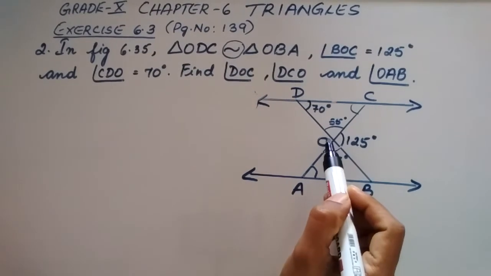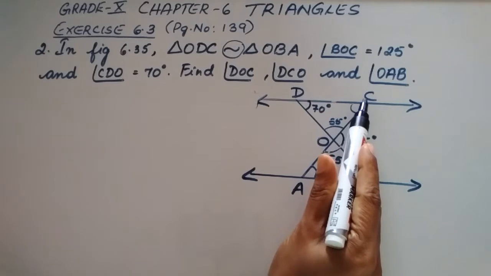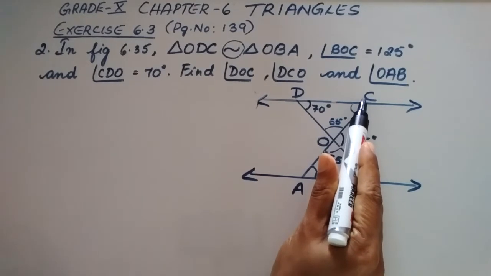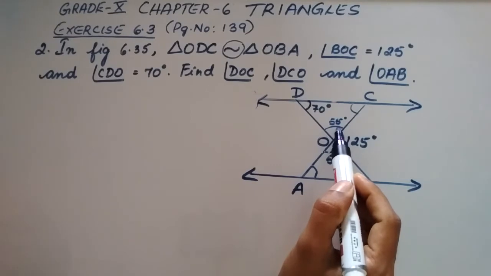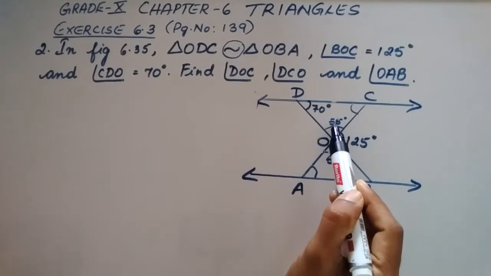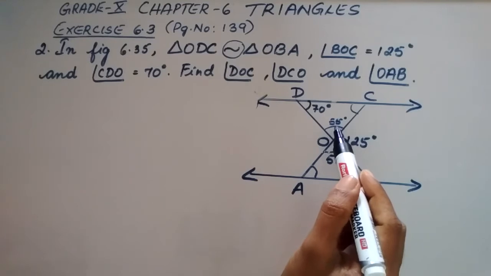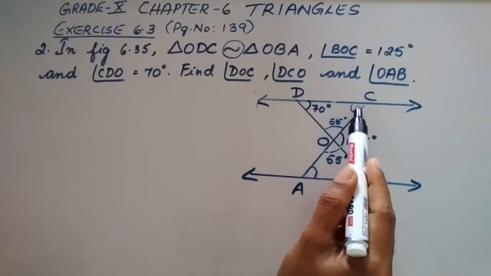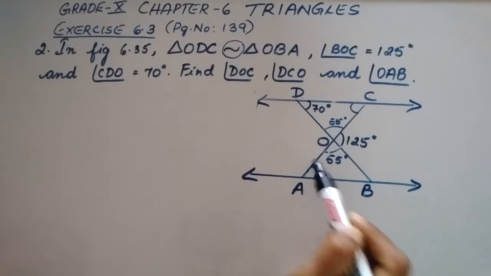Now look at this triangle, triangle ODC. Here we have angle DOC 55 degree, and how did we get this angle? Because of the vertically opposite angles. Now we need to find two more angles.